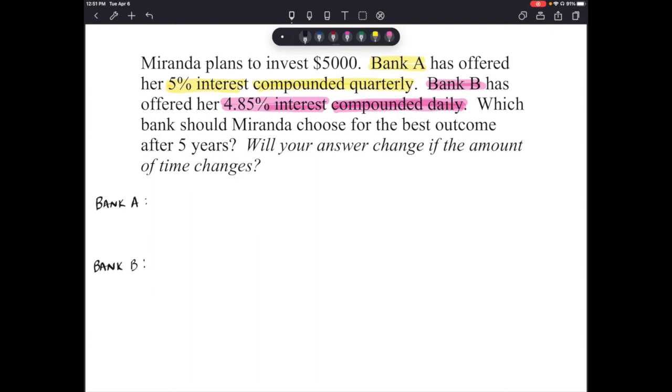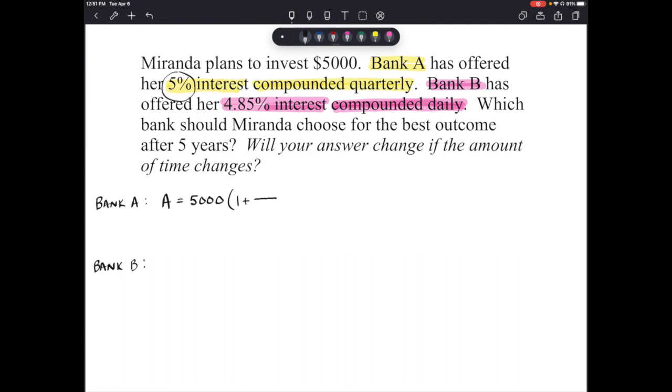So we're just going to use our formula from the other page. Her new amount is going to be equal to her initial amount, which was $5,000, times 1 plus our rate, which was 5%.